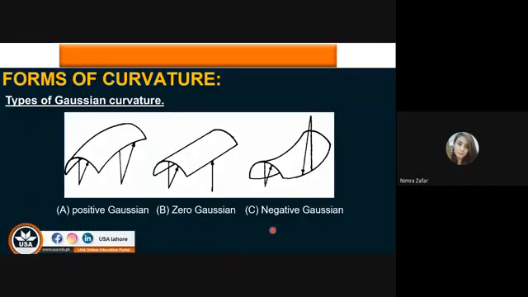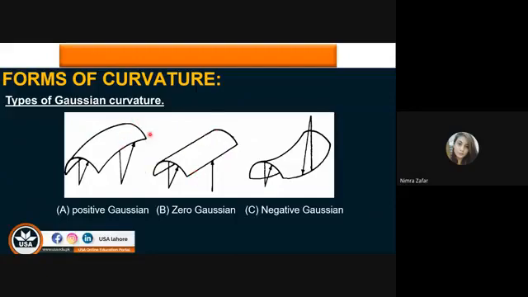Now here we have types of Gaussian curvatures. This is positive Gaussian, which is upward curve. Then we have zero Gaussian, which is curved from this side as well. From this curvature is extended.